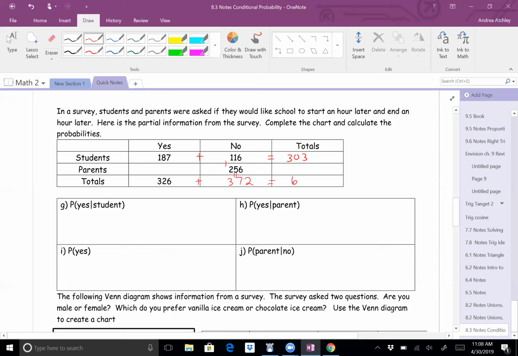Is it 698? Okay, then I need to get this number here. So this plus what number will give me this? So I just subtract them.